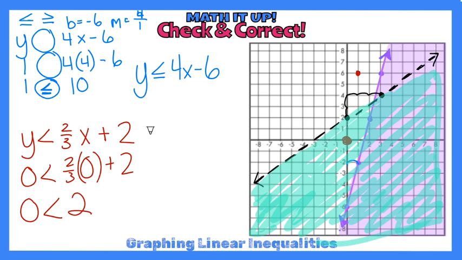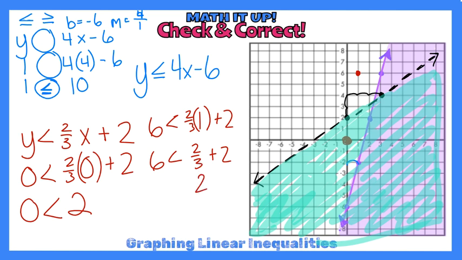So 6 as my y, 1 as my x, plus 2, 2/3 plus 2 is 2 2/3. Is 6 less than 2 2/3? That is a false statement. That is a big no, and that just helps me to confirm that that is not the side containing the solution. This side is the side containing the solution.